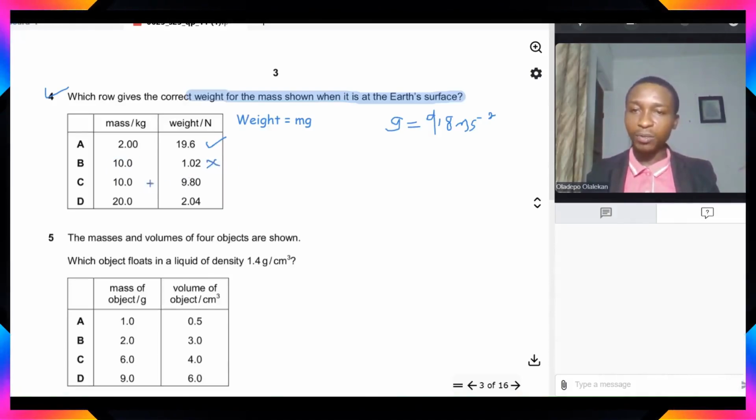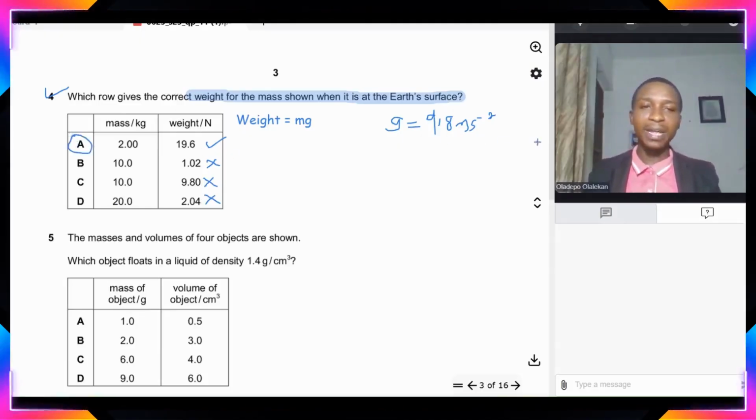If we multiply 10 by 9.8, that cannot give us 1.2, that's incorrect. If we multiply the mass 10 by the acceleration of gravity, 9.8, that can also not give us 9.8. Multiply 20 by 9.8, that's also incorrect. So the correct option in question 4 is actually option A.